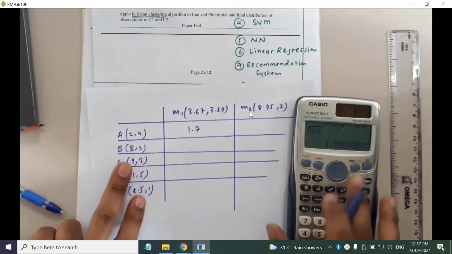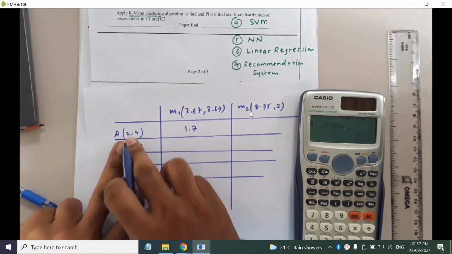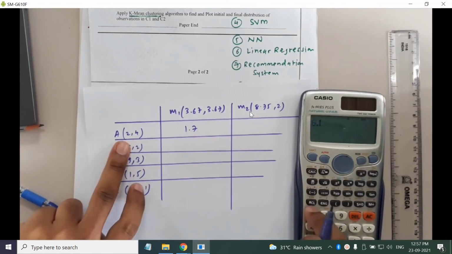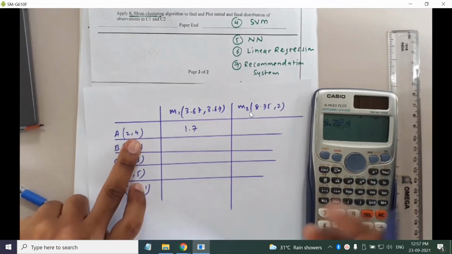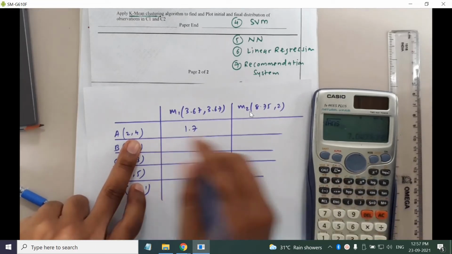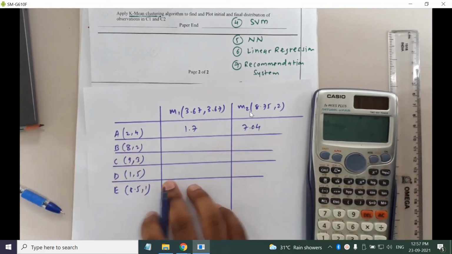Similarly do it for the other points. 8.75 minus 2, that is 6.75 square, plus 2 minus 4, that is minus 2, square of that means 4. And square root of the answer is 7.04.